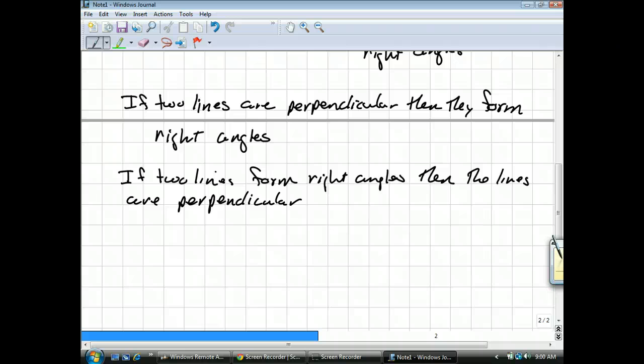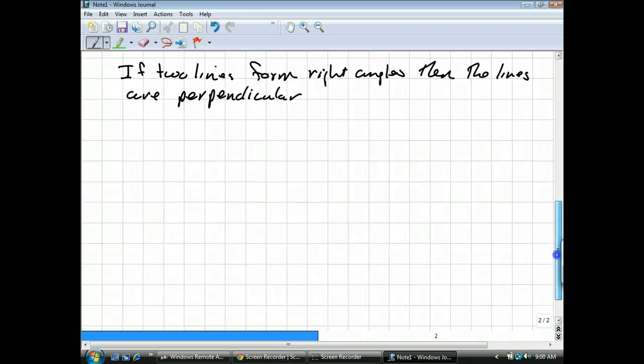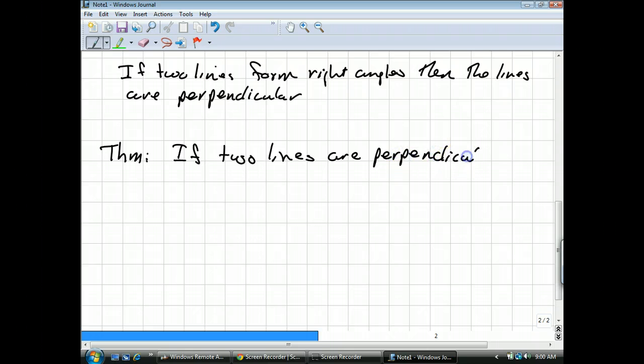Then we have several theorems that apply to perpendicular lines. The first theorem says if two lines are perpendicular, then they form congruent adjacent angles.